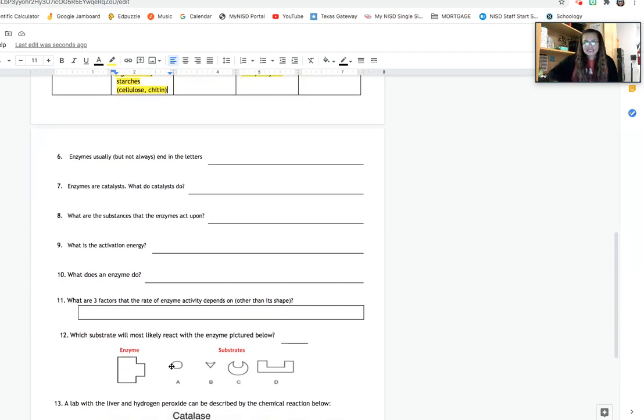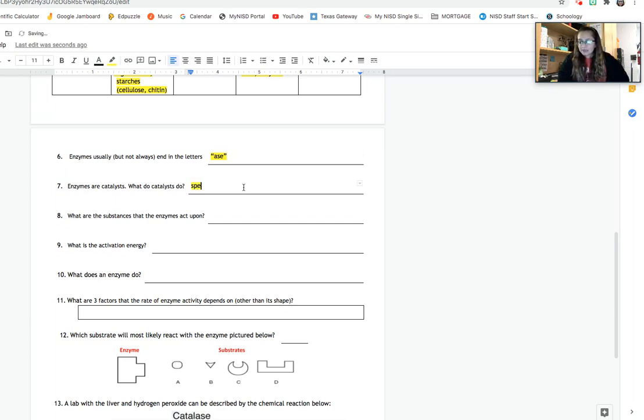All right, number 6, enzymes usually, but not always, end in the letters ASE. Remember, sugar ends in OSE, enzymes end in ASE. Enzymes are catalysts, and what do catalysts do?